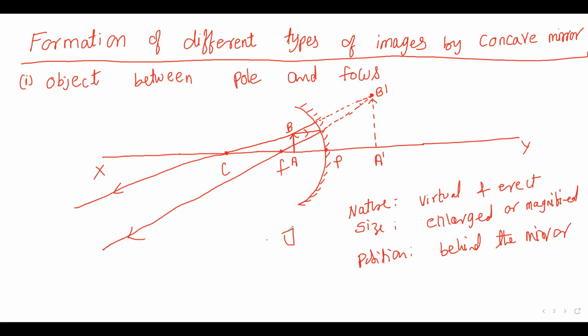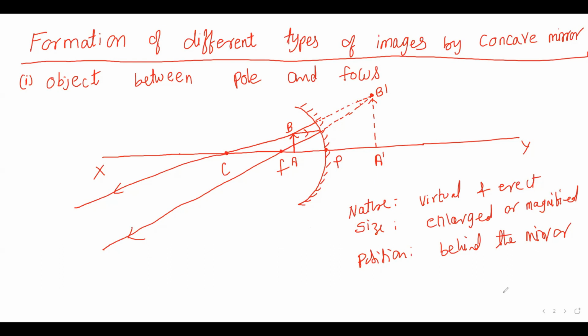So tooth के enlarged image में उन cavities को clearly देख के टूथ को ऑपरेट कर सकते हैं। और शेविंग मिरर, मेकअप मिरर भी यही पोजीशन यूज करते हैं, क्योंकि जब मिरर फेस के बहुत करीब है तो आपको एनलार्ज्ड इमेज मिलेगा और आप फेस के हेयर को अच्छा देख सकते हैं, शेविंग स्मूथली कर सकते हैं। It is used as shaving mirror, and dentist can also use concave mirror to see tooth. Got it?